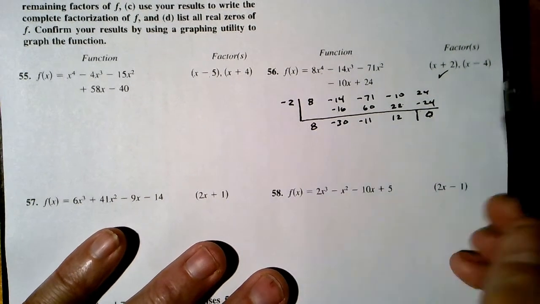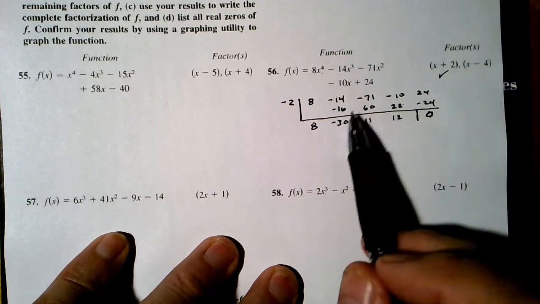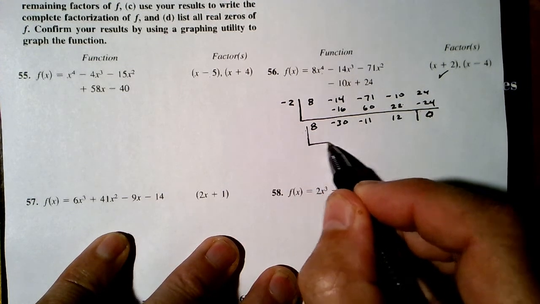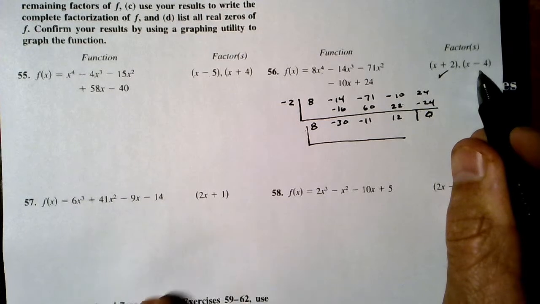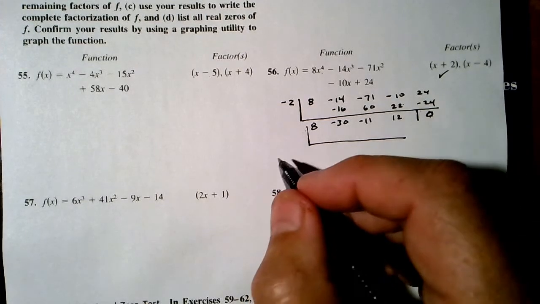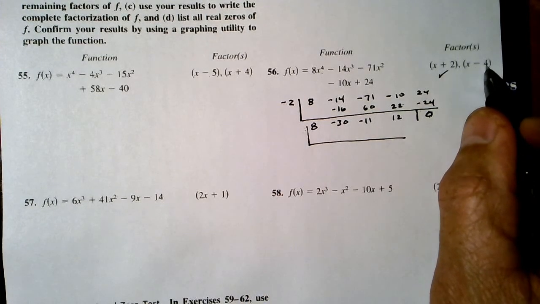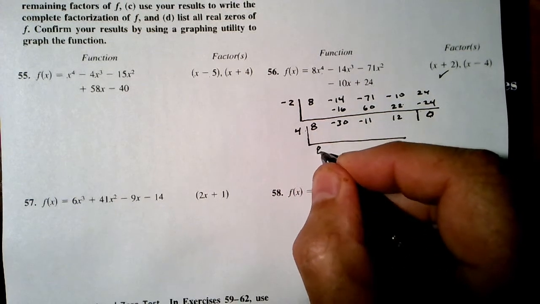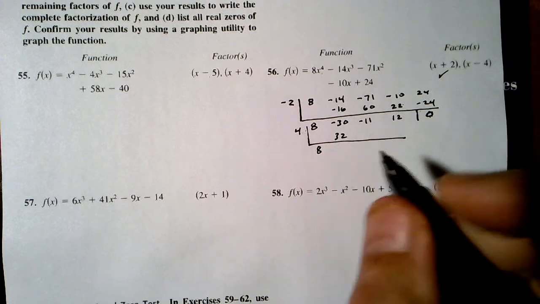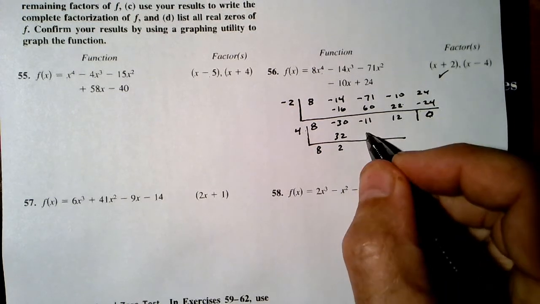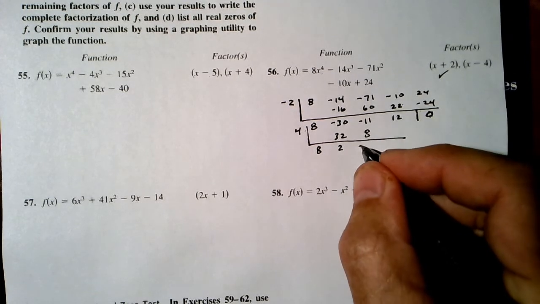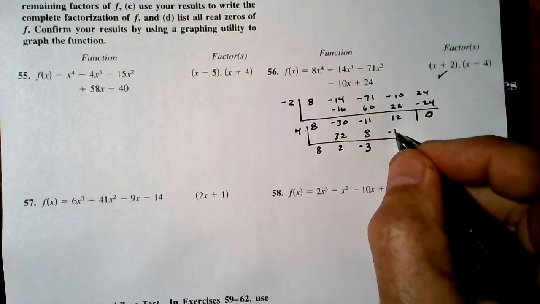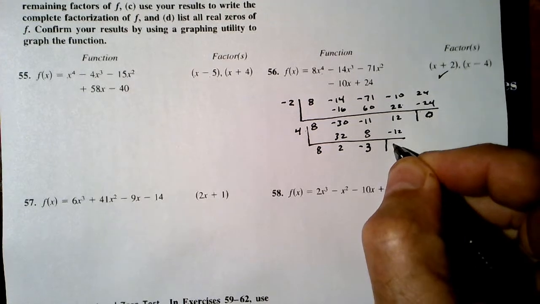And now if x minus 4 is another factor, I'm going to divide this result down, or excuse me, synthetically by positive 4. Positive 4. So 8, 32, 2, 8, negative 3, negative 12, and sure enough, there we are at 0.